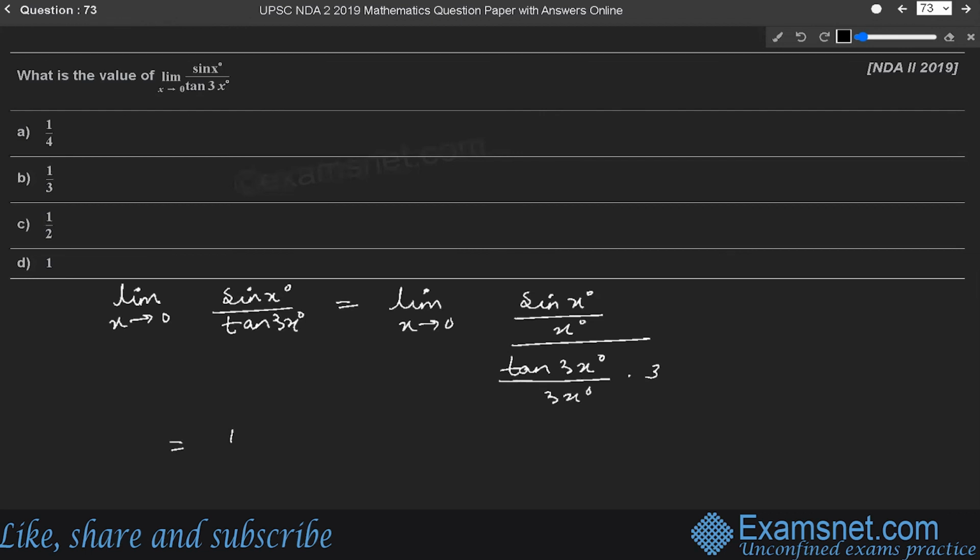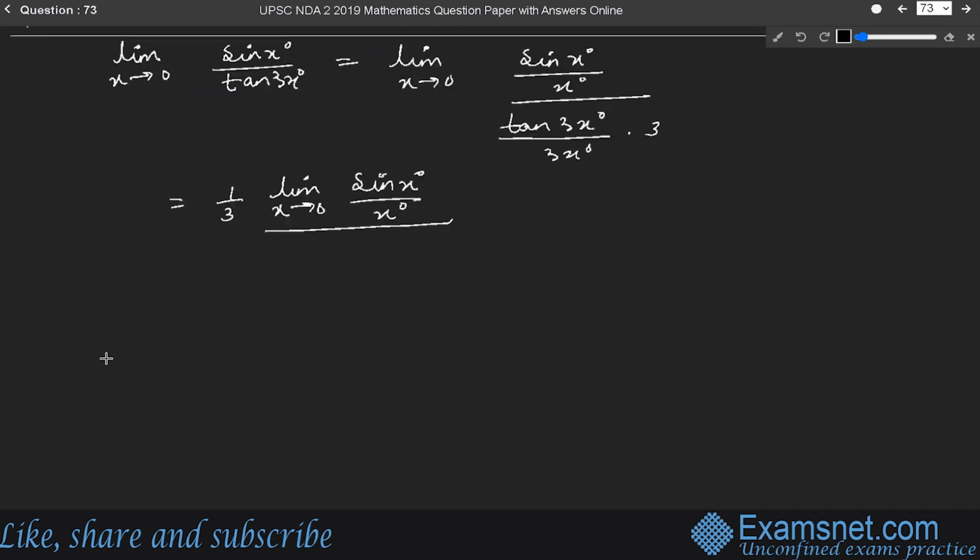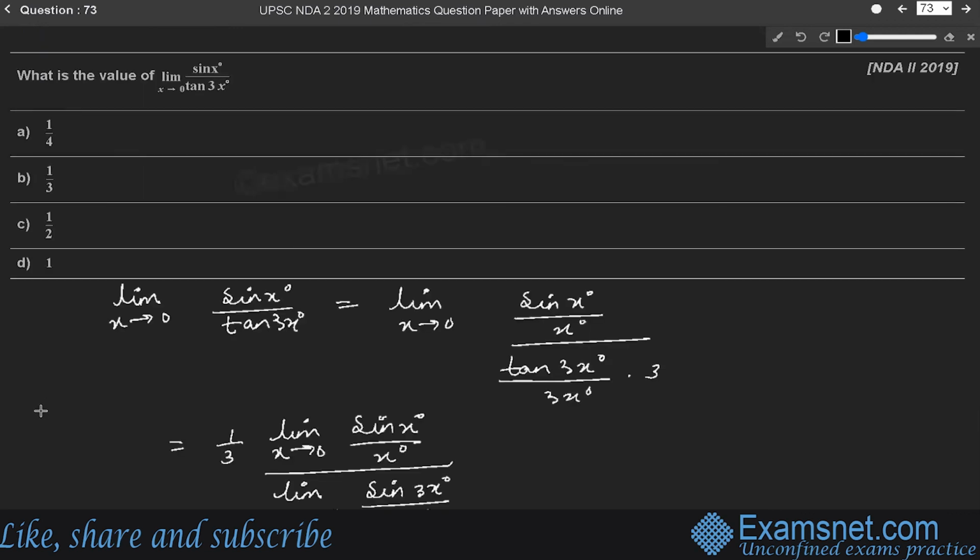So this will be equal to 1 by 3 limit x tends to 0 sin x degree upon x degree divided by limit x tends to 0 tan 3x degree upon 3x degree. So it will be equal to 1 by 3 into 1 upon 1, which is equal to 1 by 3. Hence, we can say that the correct option for this question is option number B here.